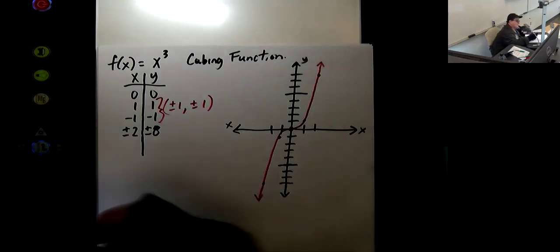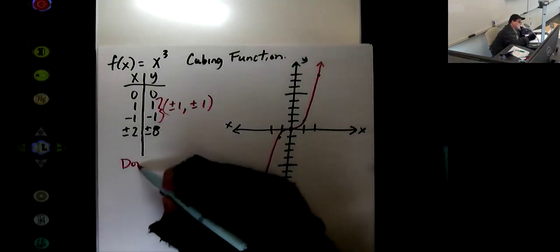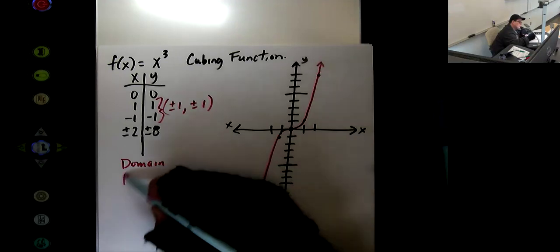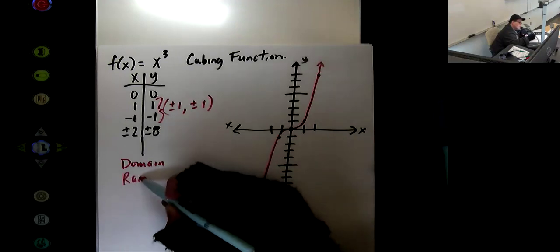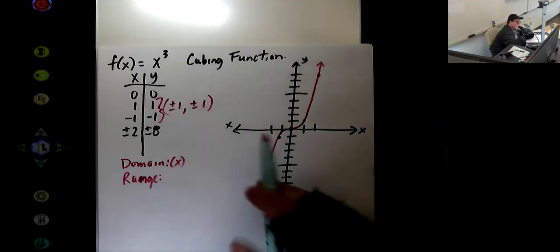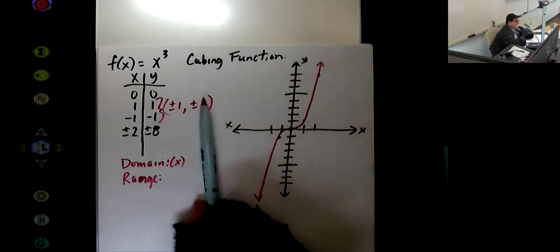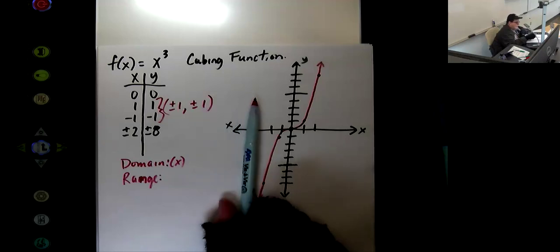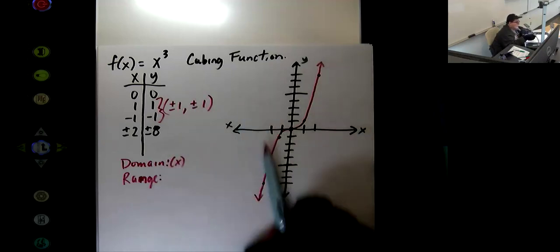Domain and range here. So remember, domain is the x values. And if I start on the left side of the graph, I hit the graph immediately, even though it's way down, a long ways away.